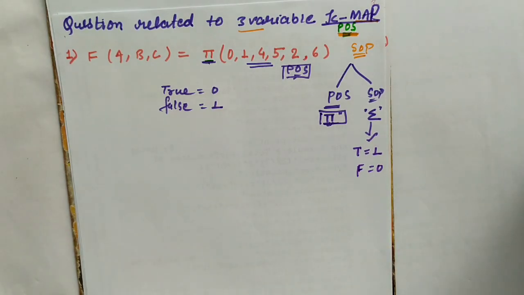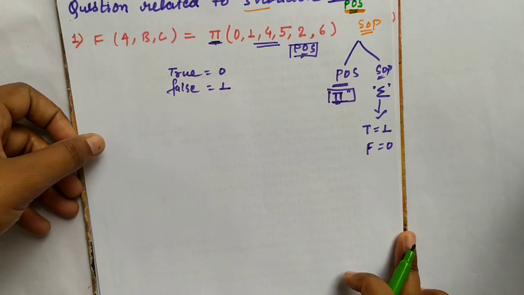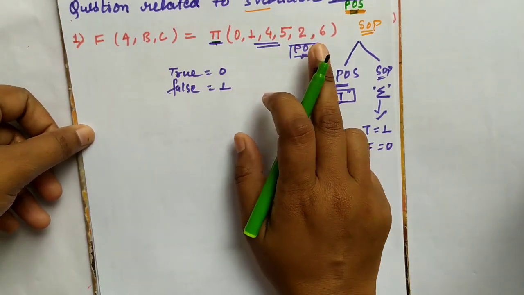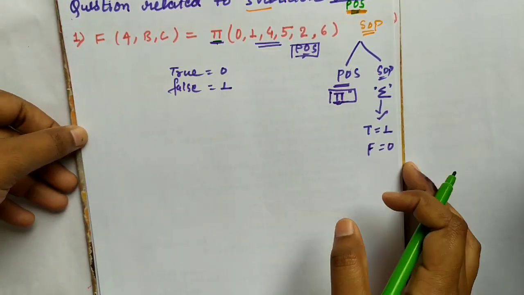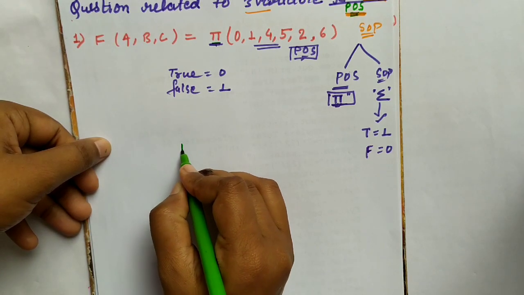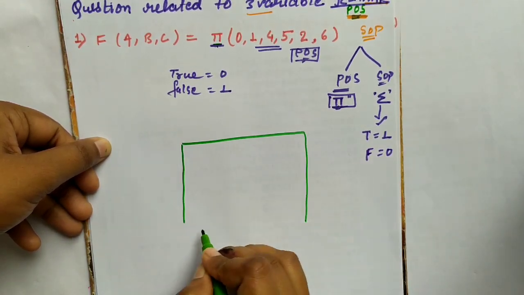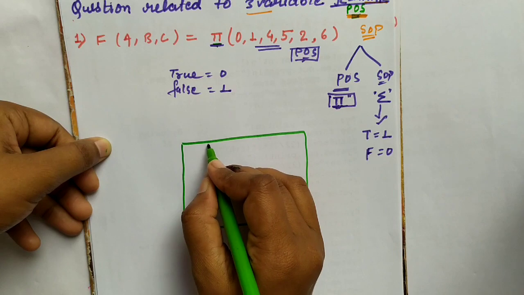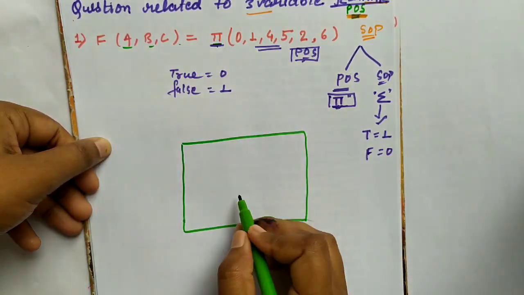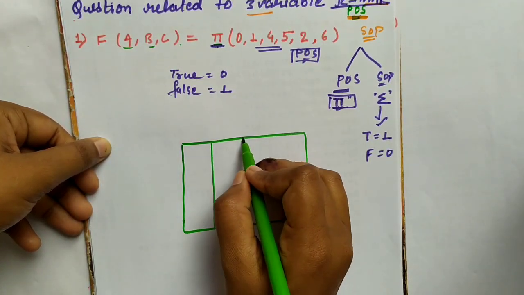So let's see the designing. If you don't know how to design a three variable K-map for POS, check my previous video on designing the K-map. So here are the three variables A, B and C, and we can make four boxes.